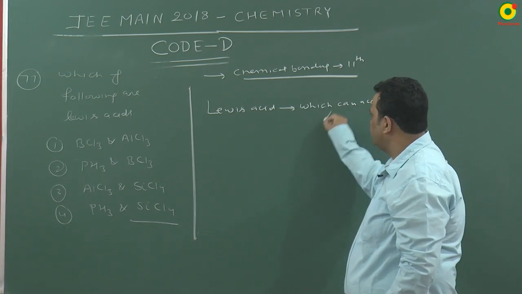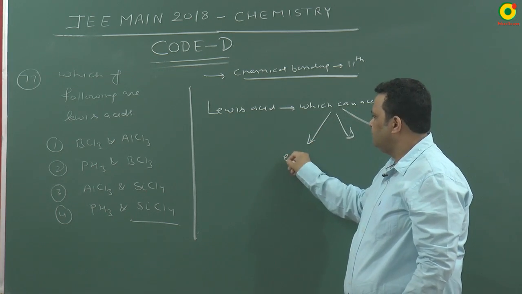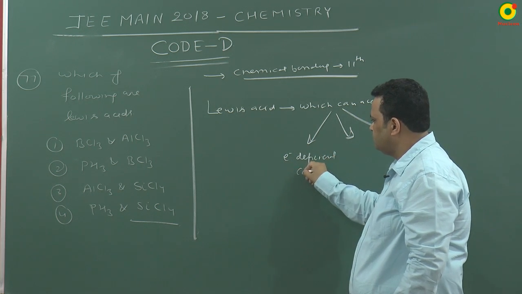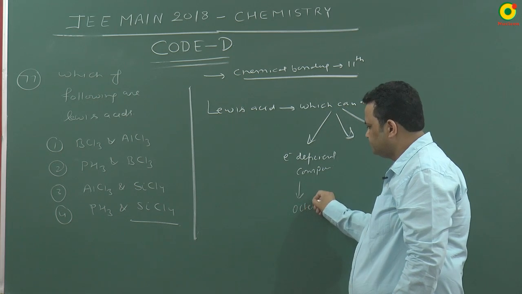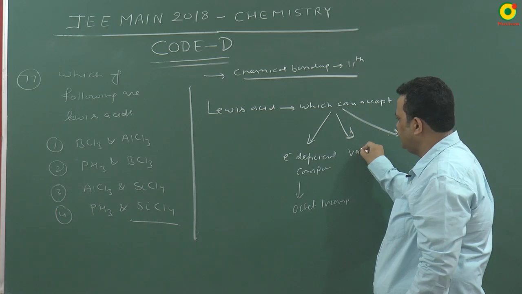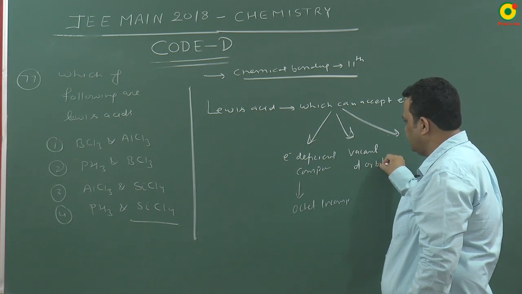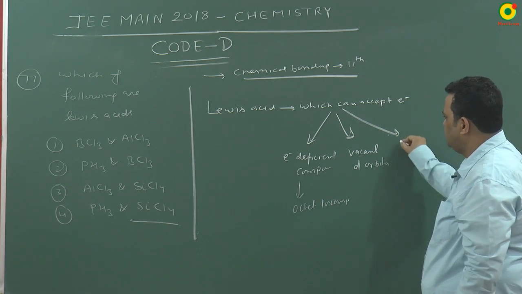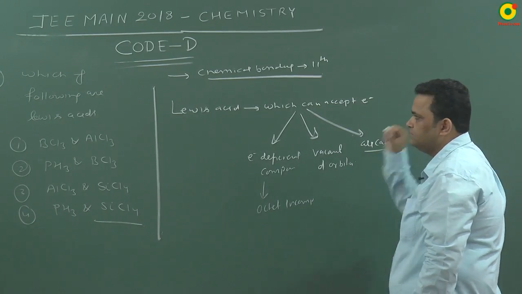And the categories which can accept electrons are, first, the electron deficient compounds. What is meant by an electron deficient compound? That their octet is incomplete, or compounds having vacant d orbitals, and another one is all cations, which can be called Lewis acids.